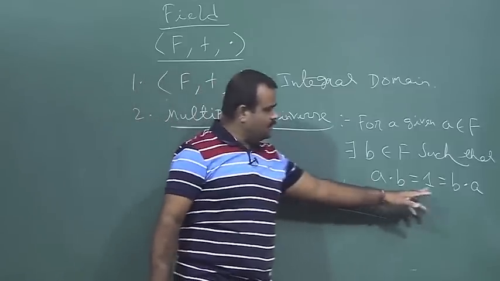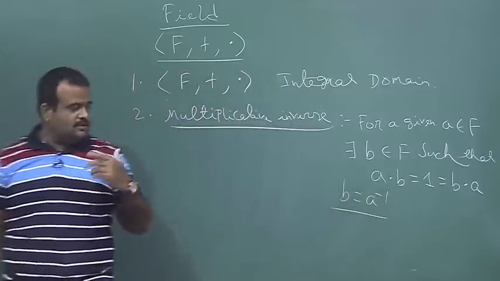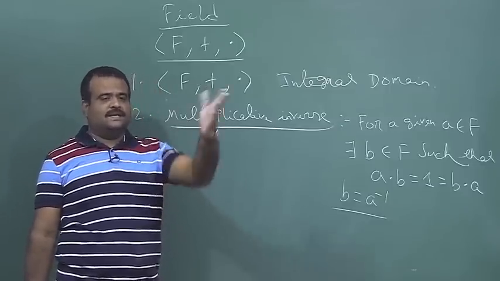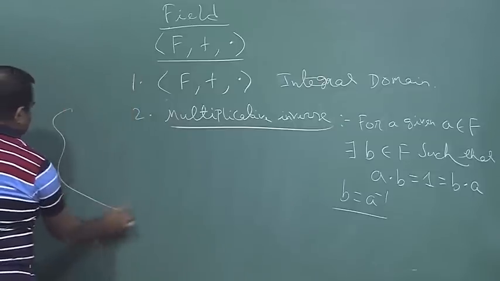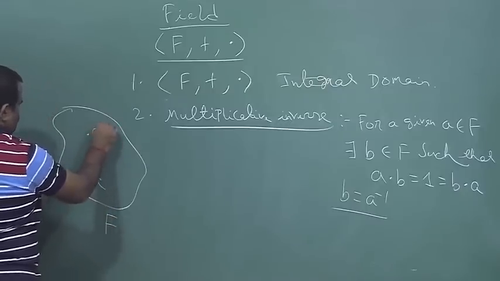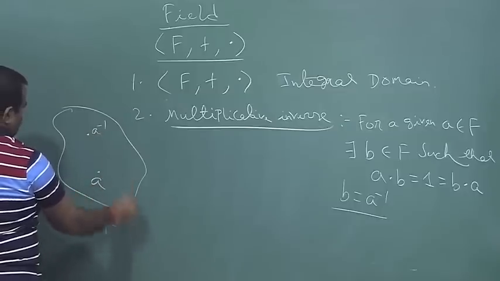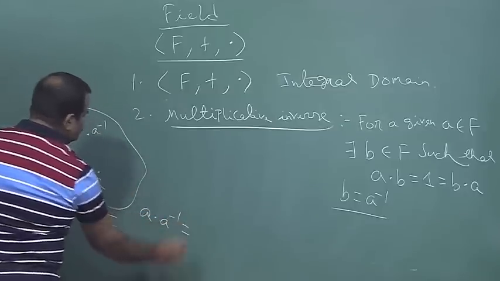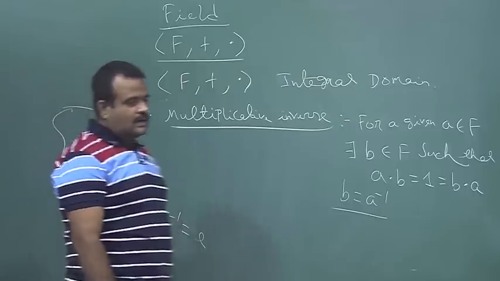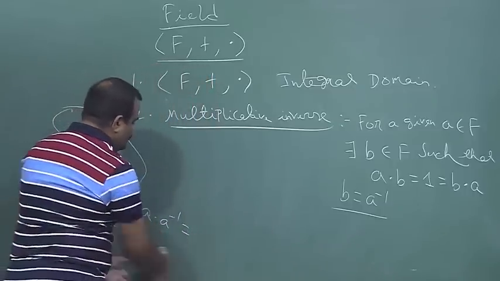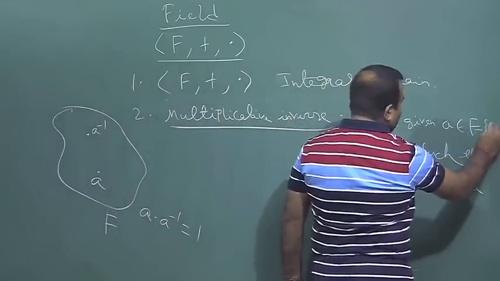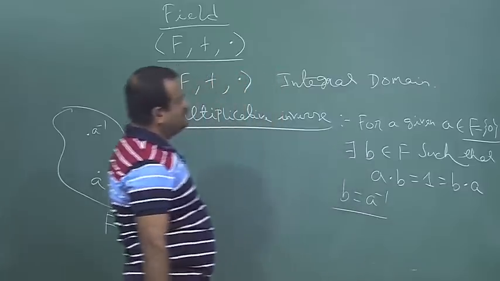This is the multiplicative inverse. If we multiply A by its inverse, it should give us the identity element 1. And this is not for all elements, this is for elements other than the identity element of plus, so other than 0.